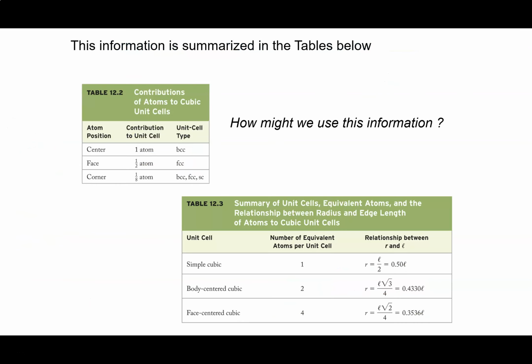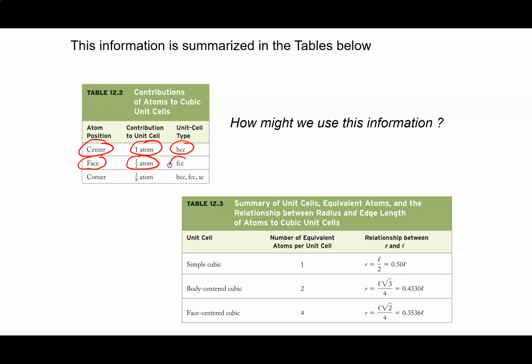Okay, so let's summarize it all. If you have an atom that's in the center of a cubic unit cell, that's going to contribute a whole atom. We commonly see this in our body-centered cubic unit cell. If you have an atom that is centered in the middle of a face, that will contribute half an atom to that unit cell.